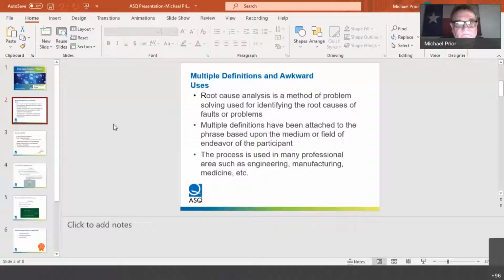Let's see here. Hold on. Now do you see it? Yes, it's there now. It's loading.